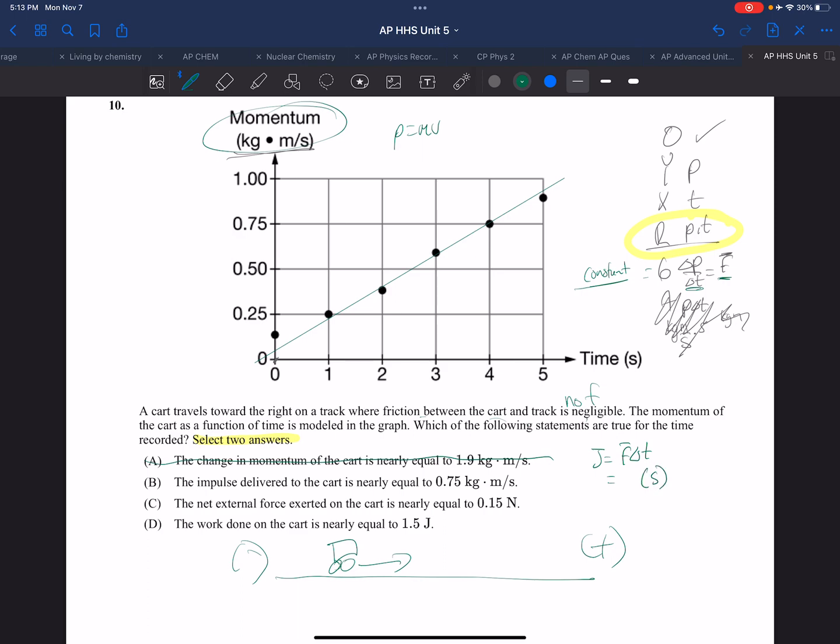So 5 seconds is the time, and the slope is about 0.9 over 5, and that's going to be about 0.14.